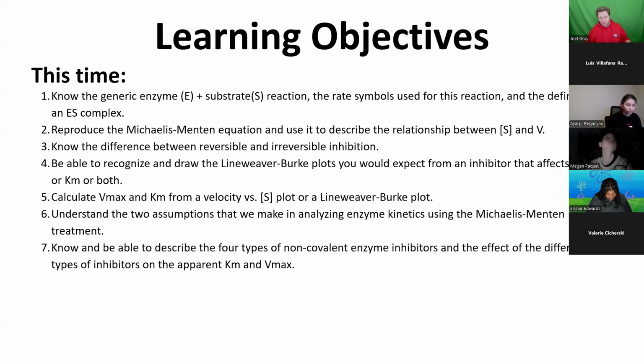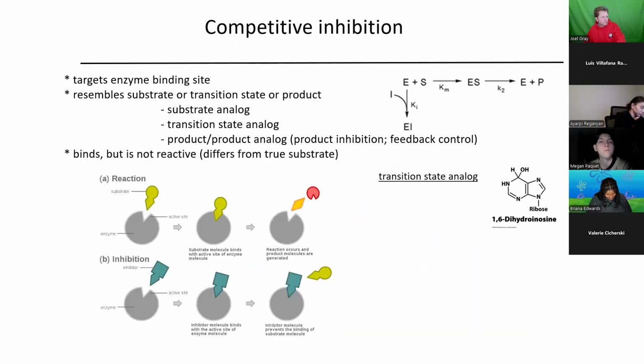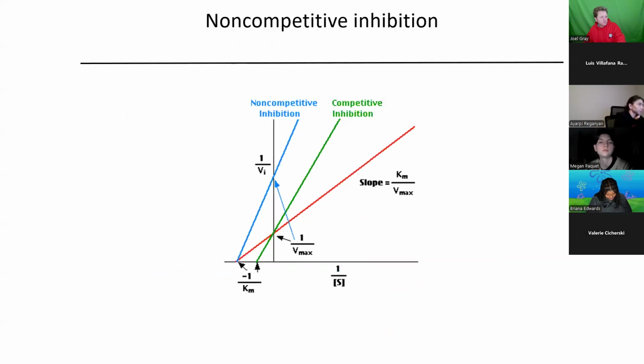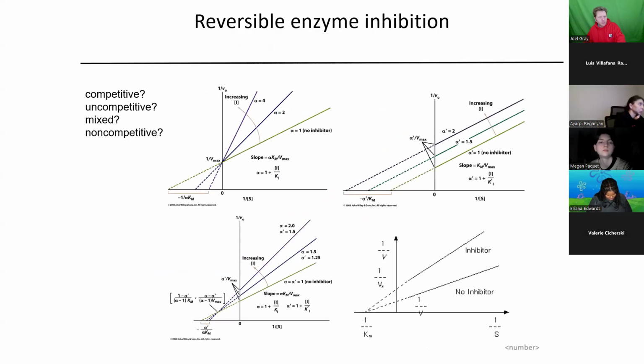Today we're going to populate the rest of our ideas and ultimately get to this slide right here, where we have all of our different inhibition plots, and you'll be able to look at that and identify which type of inhibition we're talking about.